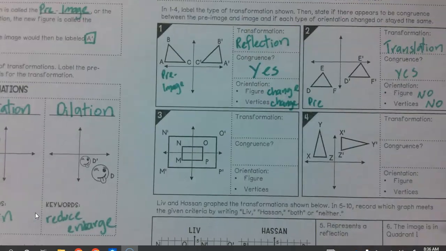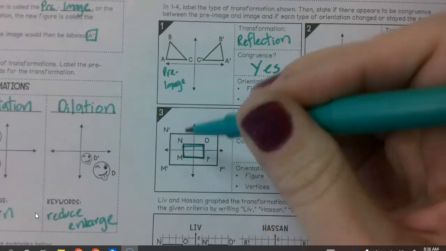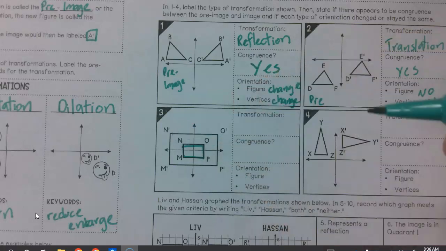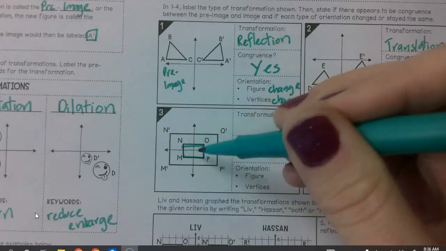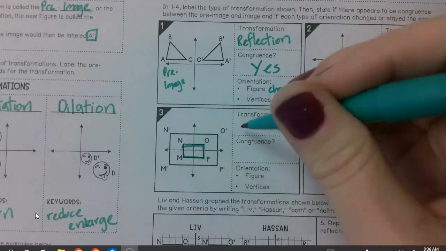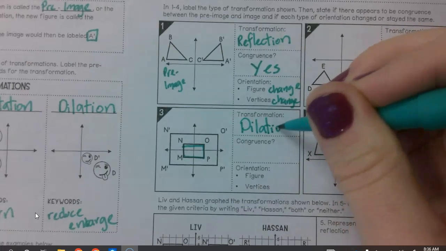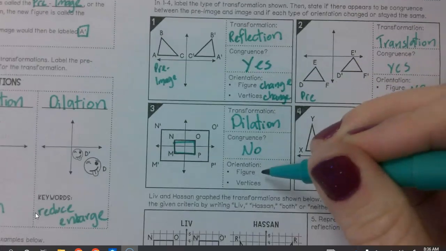Now this one looks funny because we have this shape and it's inside of the other shape. Because it changed sizes, I can see that this rectangle has gotten bigger. That is a dilation. Is it congruent? No. Did the orientation change?